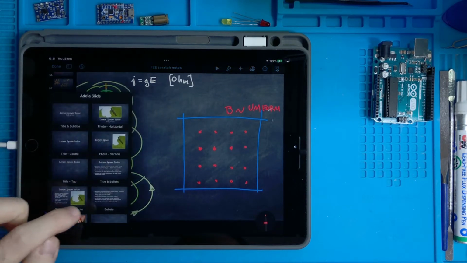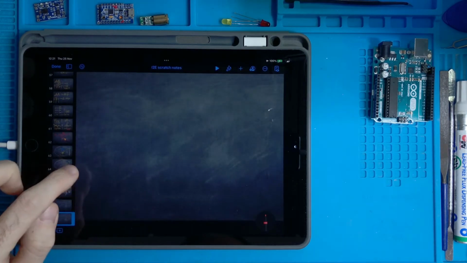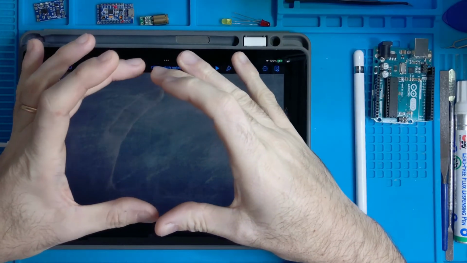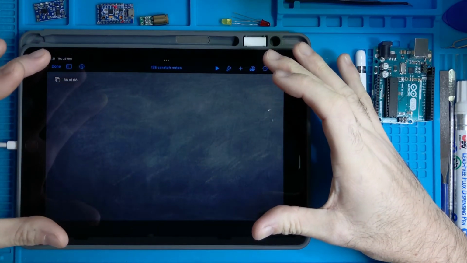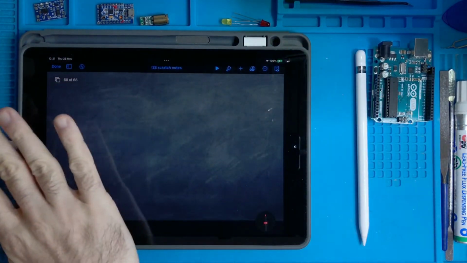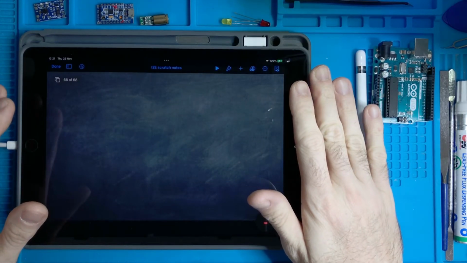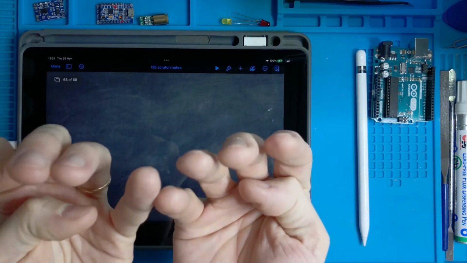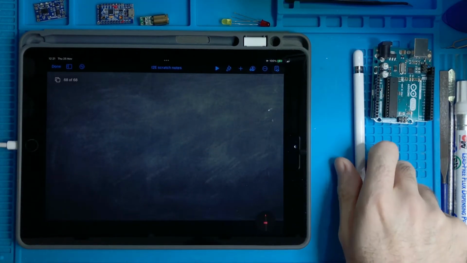Now we go a little bit further. Let's imagine that I zoomed in on this picture and the entire surface of my tablet is this place where the magnetic field is pointing upwards like this.